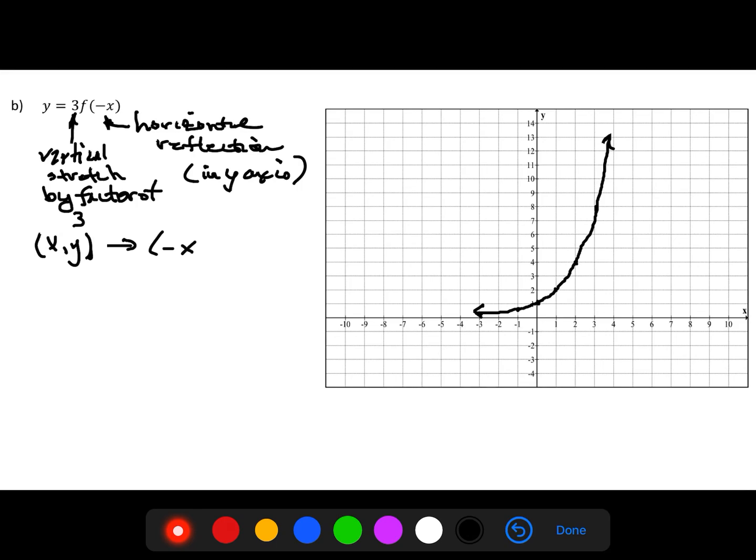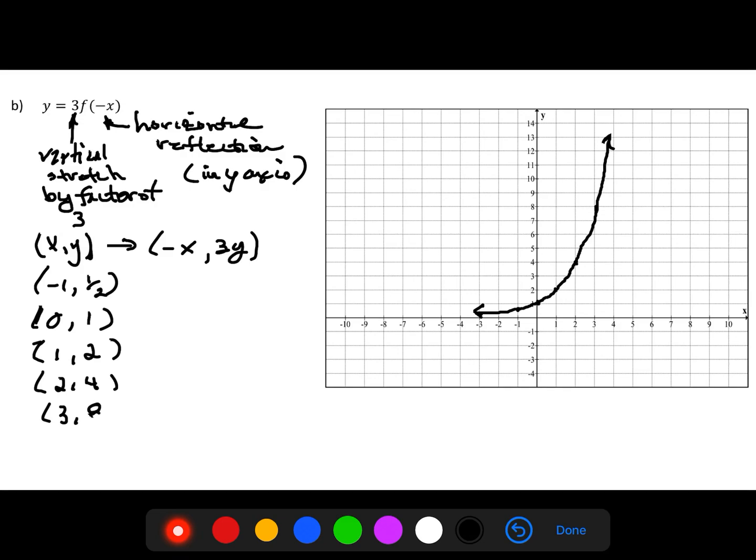So what would happen to our key points here is that we're going to have x times -1, and we're going to have 3y. So 3 times as big of values for y. So again, our -1.5, 0 and 1, 1 and 2, 2 and 4, and 3 and 8, and we're going to change them.